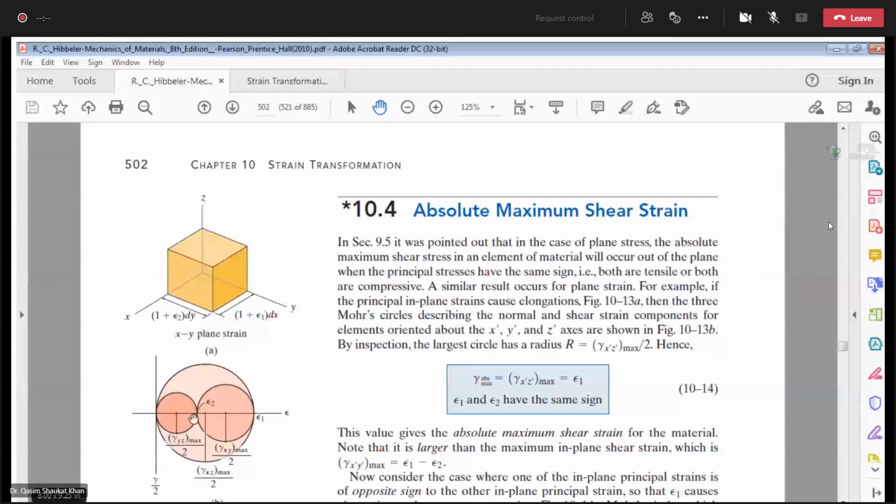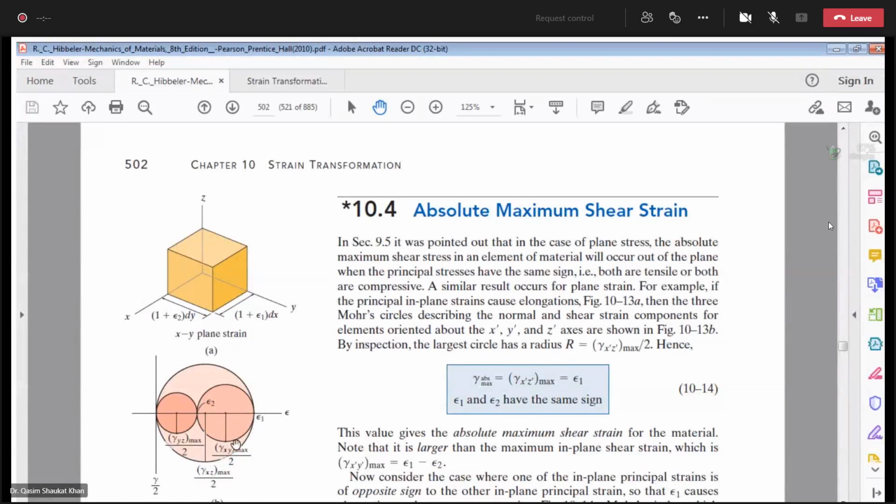Then corresponding to epsilon 1, that is your xz plane, along the z direction your principal strain is 0, and along the x direction you have epsilon 1. So 0 to epsilon 1, this larger Mohr circle represents epsilon 1, which is the xz plane, and the absolute maximum shear strain for this case will be this one, gamma xz over 2.